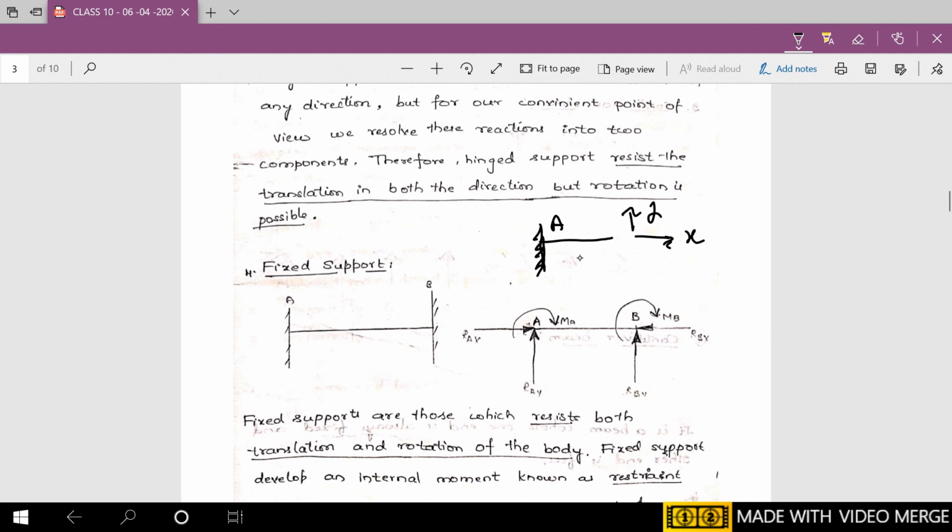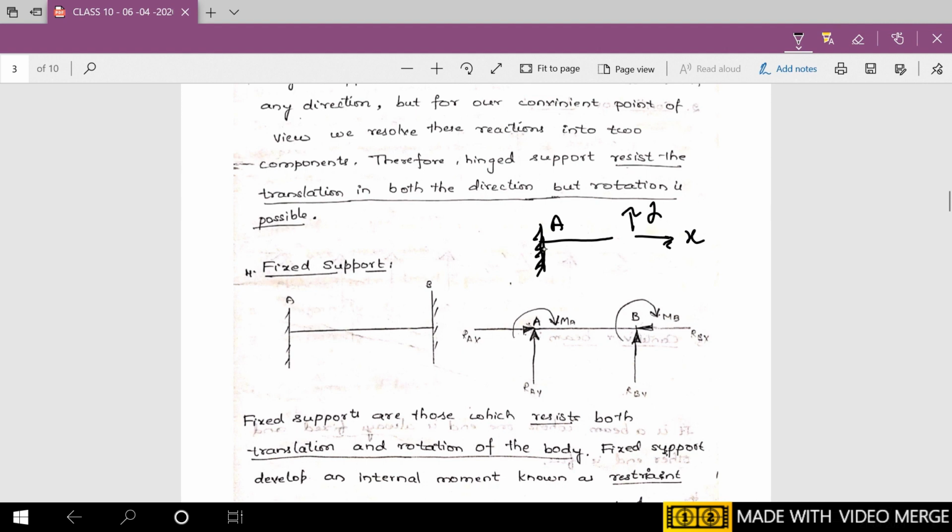So if that is the case, you just hold the scale firmly in your hand and just apply the force. It is not movable in x direction, it is not movable in y direction, as well as if you rotate also, it is not movable. So that support is called as fixed support.